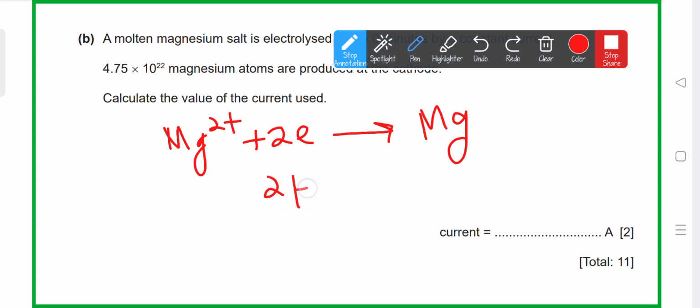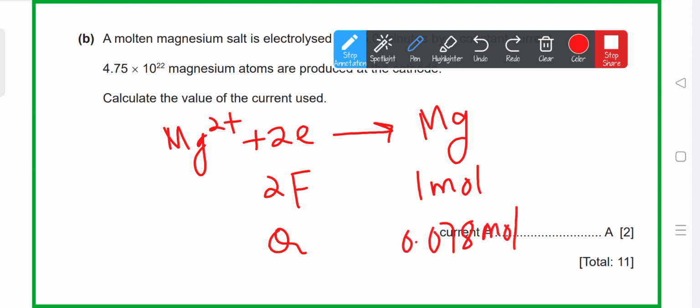So 2 Faraday charge is making 1 mole of magnesium, and we need to find out how many coulombs of electricity will be able to make 0.078 moles. You just have to cross multiply, but let me rearrange this formula.